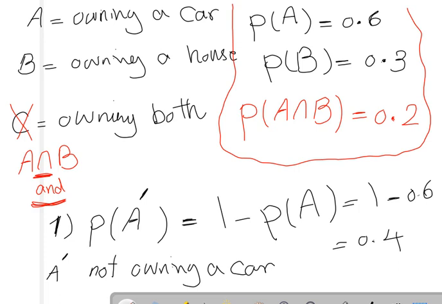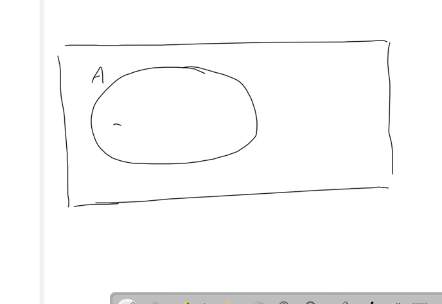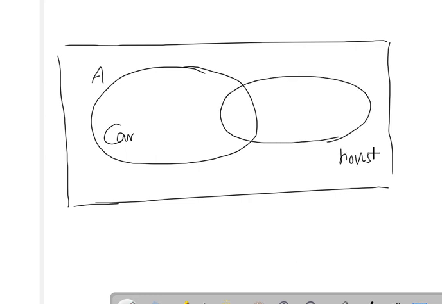And also you can understand it better by using a Venn diagram. For example, this is the population that have a car, this is the population that have a house, and this one is both.